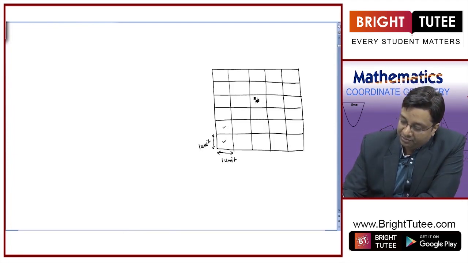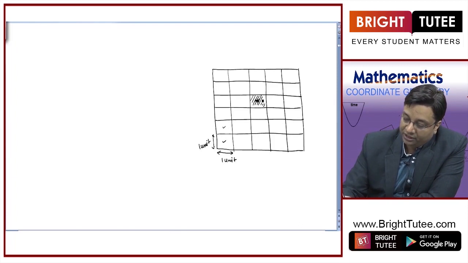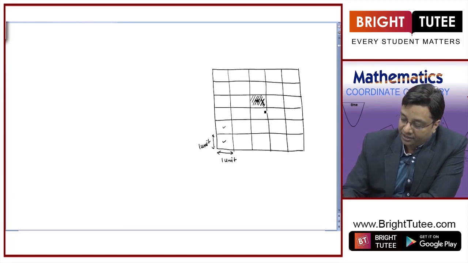Now if I have to describe the position of a student sitting here, let us say the name of this student is X. Now if I ask you where is student X sitting in the class, you can describe from this corner that he or she is sitting in the third column. Let us say this is first column, this is second column, this is third column.